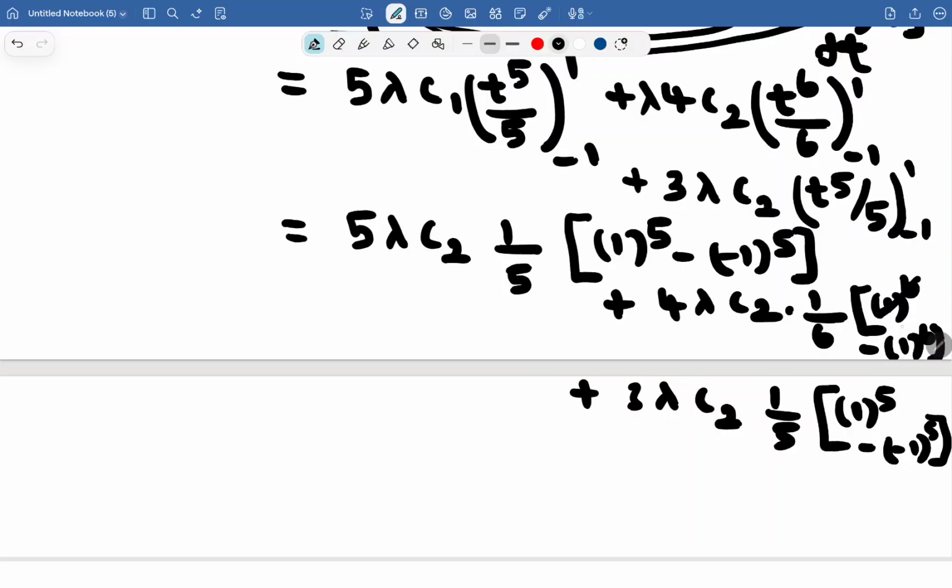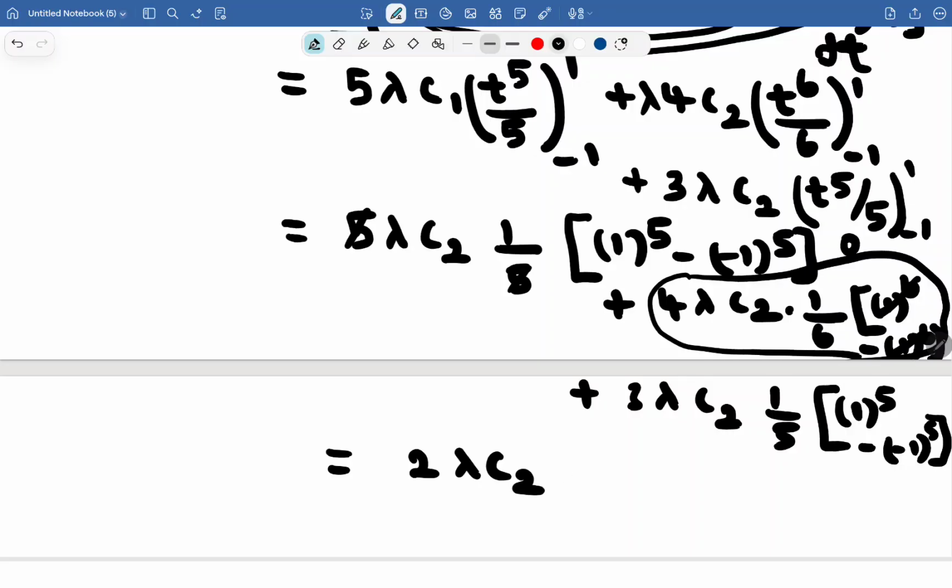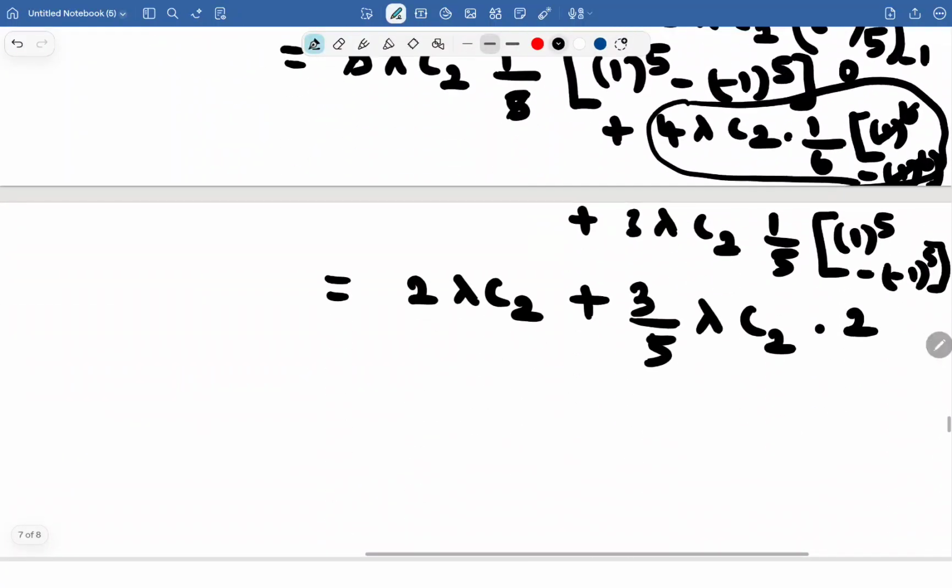Here these two will get cancelled. This part becomes 0. Remaining 5 get cancelled. 2 lambda C2, because 1 power 5 is 1, minus of minus 1 power 5 becomes plus 1 power 5. 1 power 5 plus 1 power 5, it becomes 2 lambda C2 plus 3 by 5 lambda C2 into 2. This is C1.